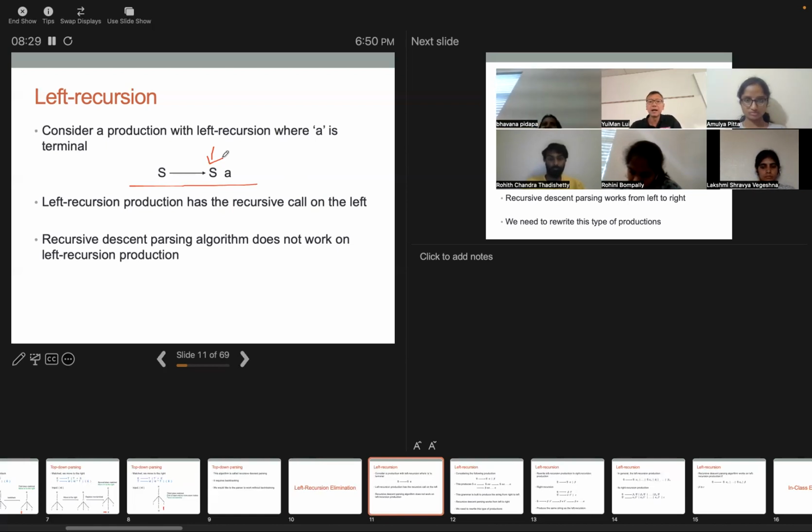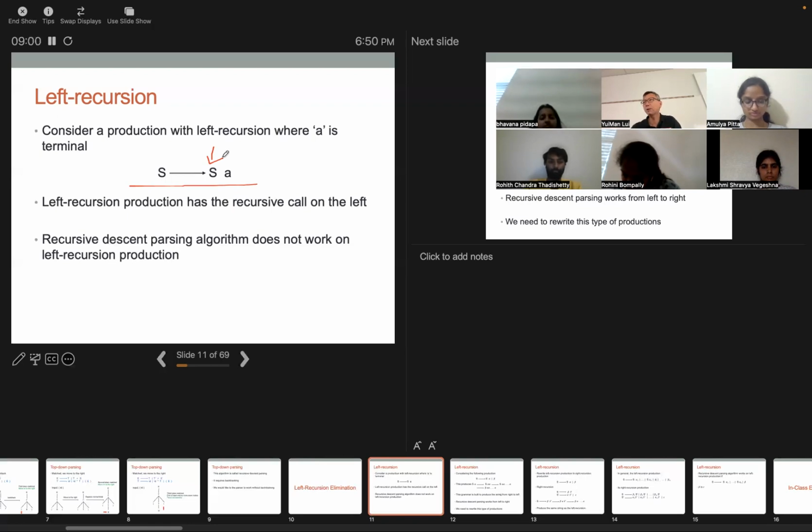Okay, and the recursive descent parsing algorithm does not like this type of grammar. So you cannot write this type of grammar. So what are we gonna do? We need to rewrite the grammar. All right. So last time we all learned how to rewrite some of the grammar. So now we're gonna learn how to rewrite specifically the left recursion.